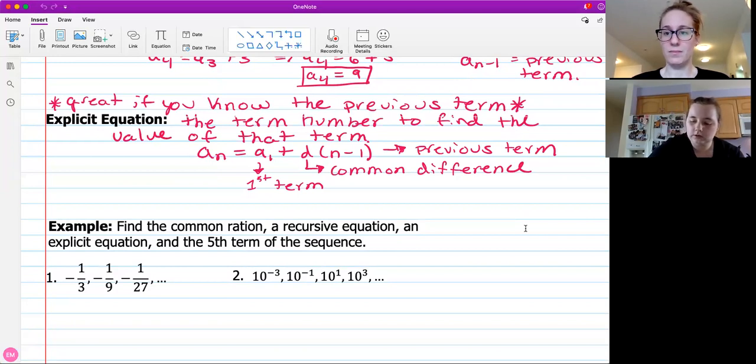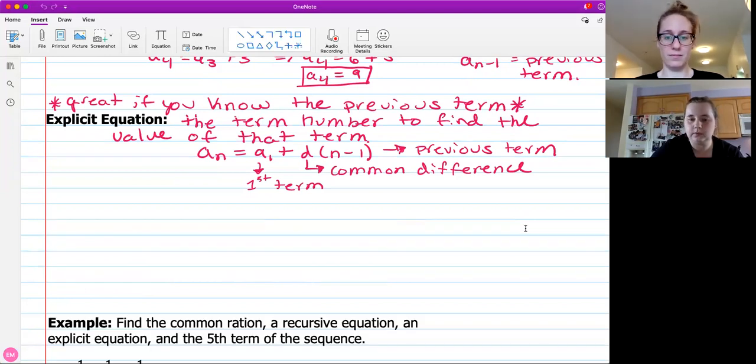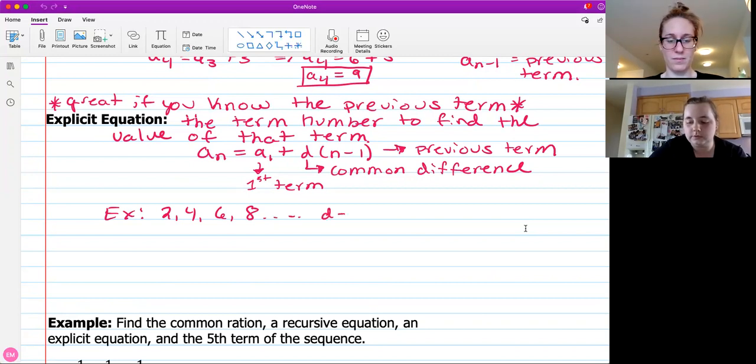And then for a quick example, let's go back to our evens really quick, since it's a simple one. If we have 2, 4, 6, 8, and we know that our common difference here is 2, so D equals 2.